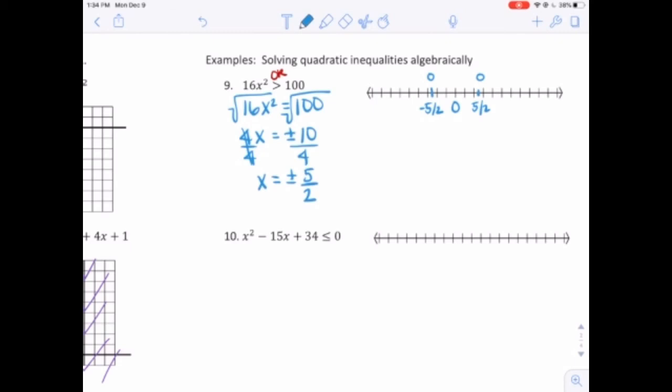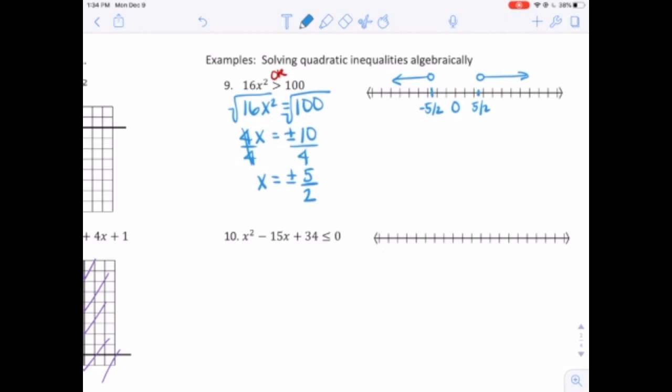Remember that unless I have the extra line underneath, I don't do the extra step of filling in. Because I have an "or," we're going opposite directions. Remember, "or" means we go opposite directions.